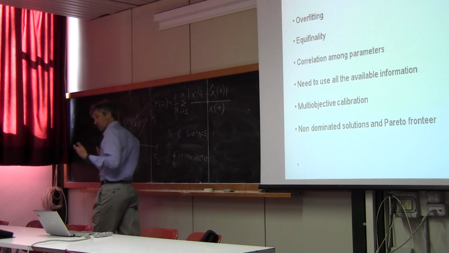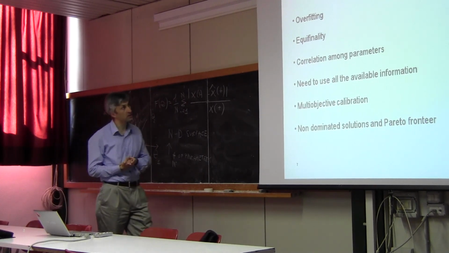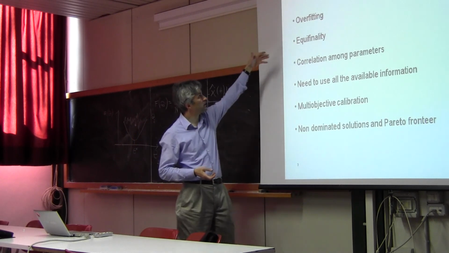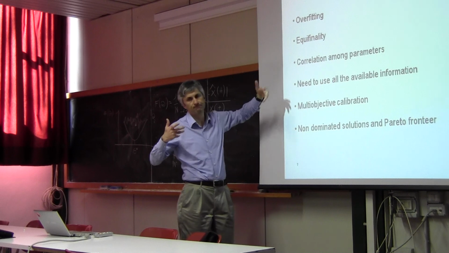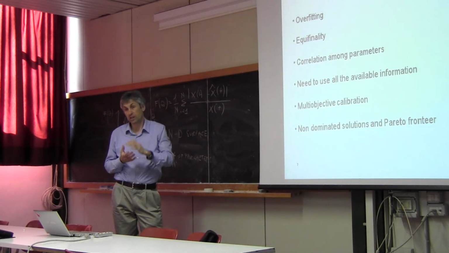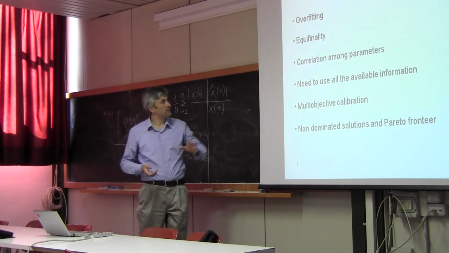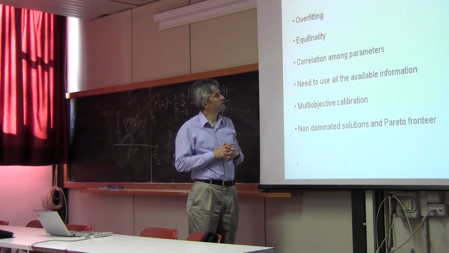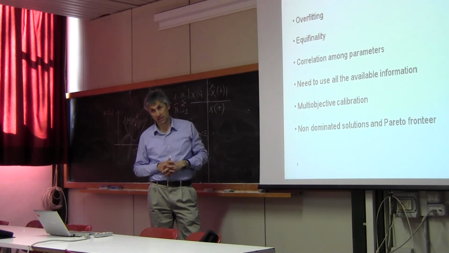The scientific literature is still discussing methods that can be used to resolve equifinality. For overfitting, you just have to minimize the number of parameters or increase the number of observations. But for resolving equifinality, it's still a problem that the literature is discussing.